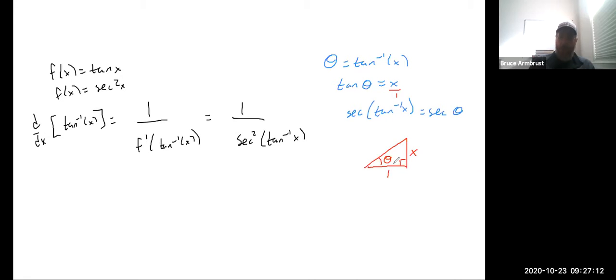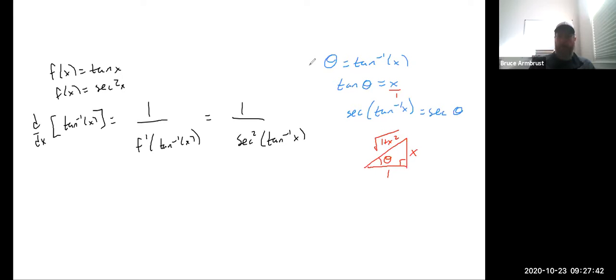So here's a triangle with an angle whose tangent is x. Now we want to find the secant of that angle. Well, secant is 1 over cosine. Cosine is adjacent over hypotenuse. So we actually need to find the hypotenuse. Well, you can get that from the Pythagorean theorem.